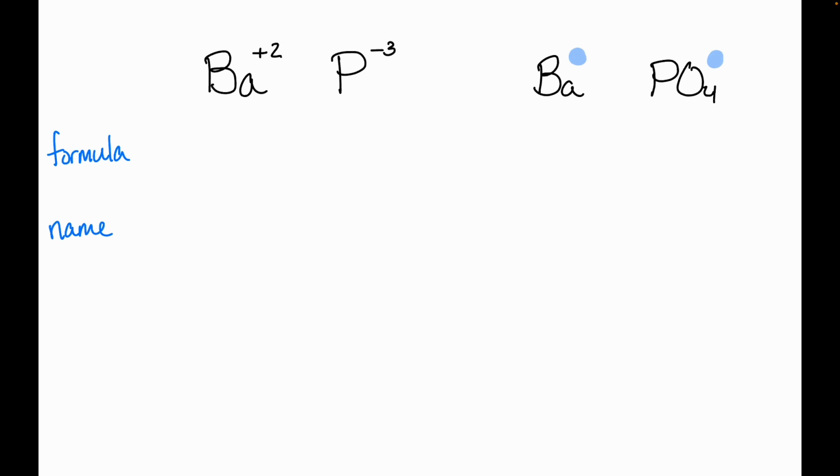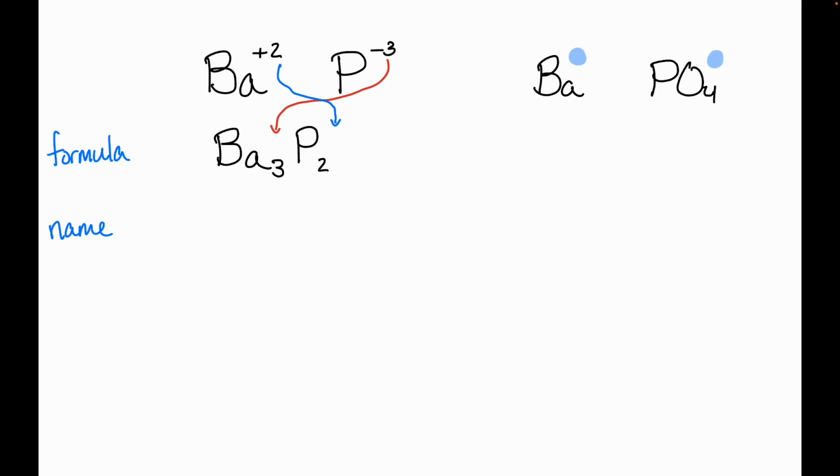When we get our formula, remember we learned the easy way to do it, this little swap method. This number is going to come down here. This number is going to come down here. So Ba3P2.